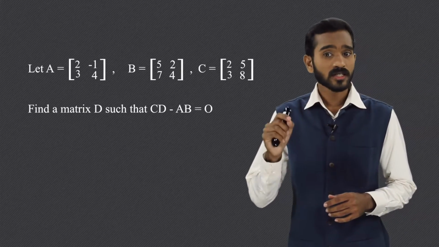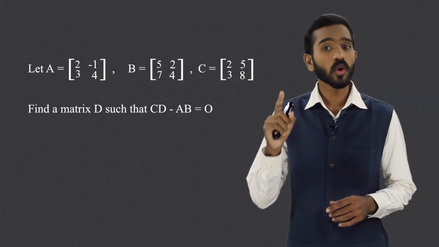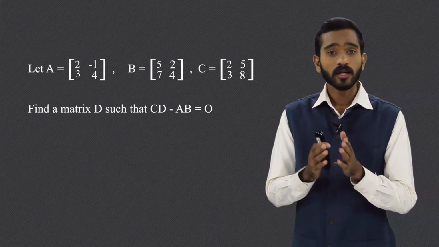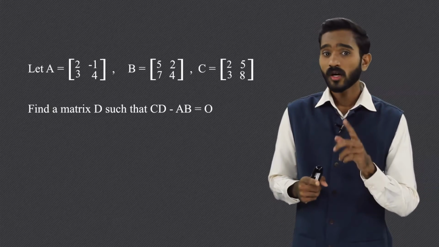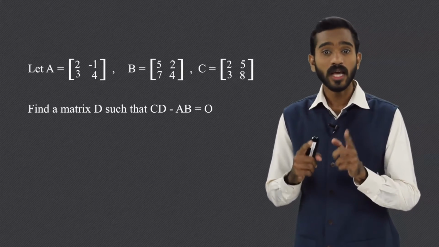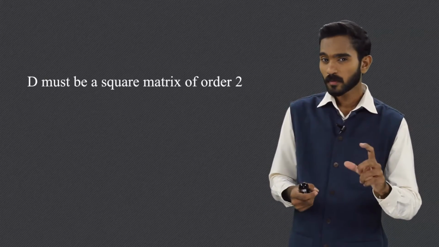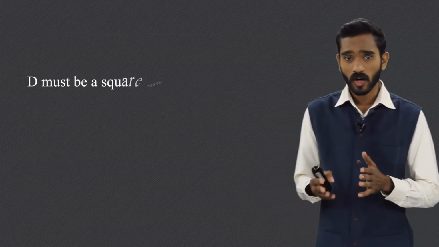Find a matrix D such that CD minus AB is equal to O. Now all the 3 matrices A, B and C are of order 2. Also, the relation CD minus AB is well-defined, and so D must be a square matrix of order 2. Now let's move on to the problem.